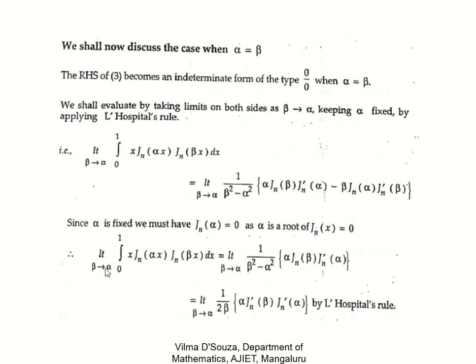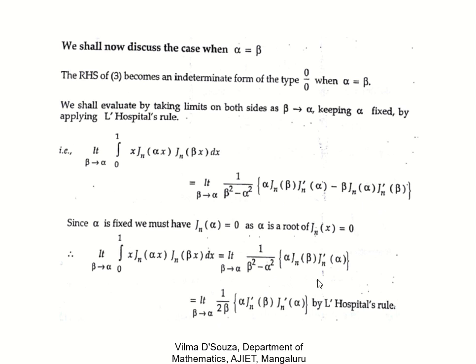Therefore, limit beta tending to alpha, the left hand side as it is, integral 0 to 1 x into Jn of alpha x into Jn of beta x dx is equal to limit beta tending to alpha 1 by beta square minus alpha square. Here the second term becomes 0. Rest all remains as it is, alpha Jn of beta into Jn dash of alpha.